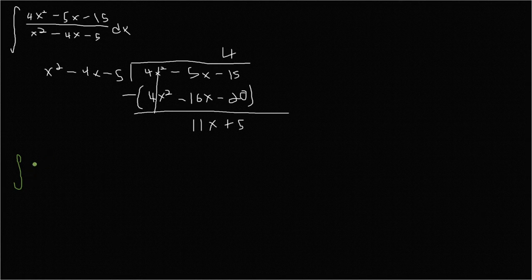So we're going to have the integral of 4 plus a over what? We have the denominator, but it's not actually factored. So let's go up here and factor in yellow. What are the factors of 5? 5 and 1.